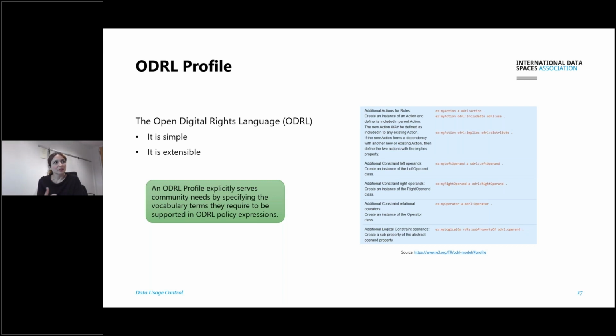The point is that if you check the vocabulary of the ODRL information model, you see a fixed set of actions, attributes, left operands, and so on that you can use to express your policy. But in your community, in our case, in IDS, we have terms that we need to use to express our needs. And ODRL allows us to define those terms, create a profile, and just use it.